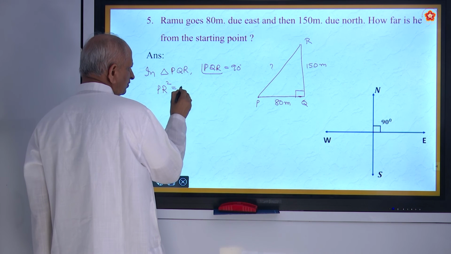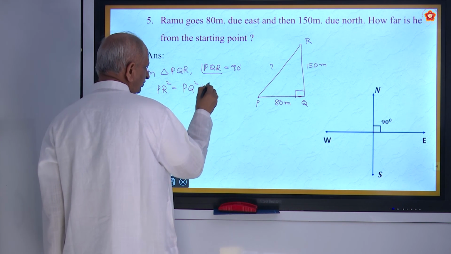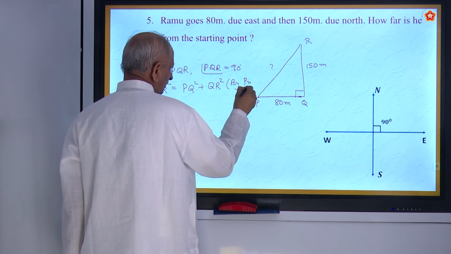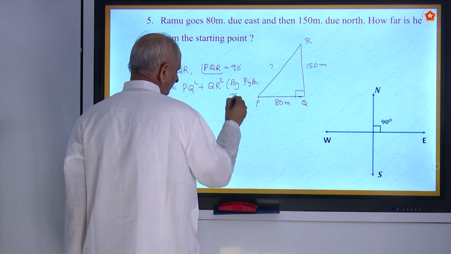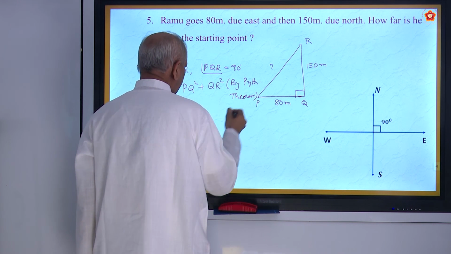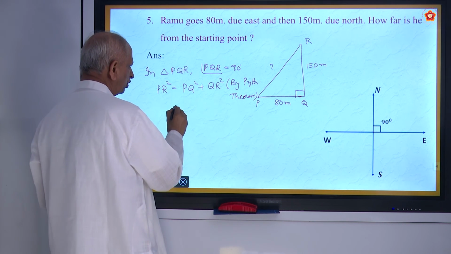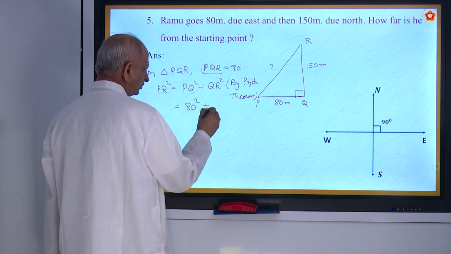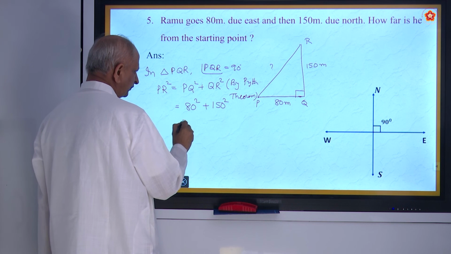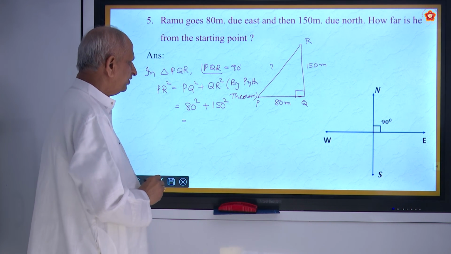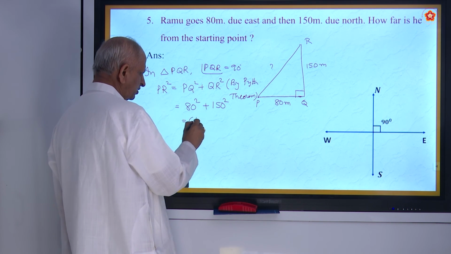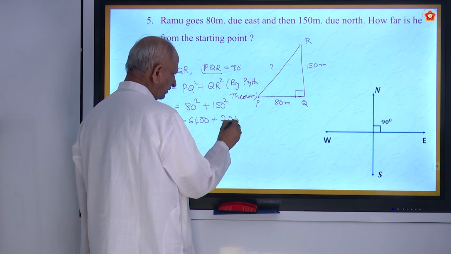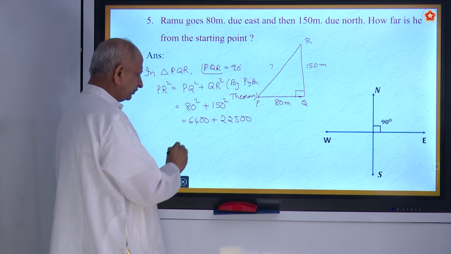PR square is equal to PQ square plus QR square, by Pythagoras theorem. So, what is PR? Don't know. What is PQ? 80. What is QR? 150. So, 80 square is how much? 8 eights are 64. 15 fifteens are 225, followed by 2 zeros.